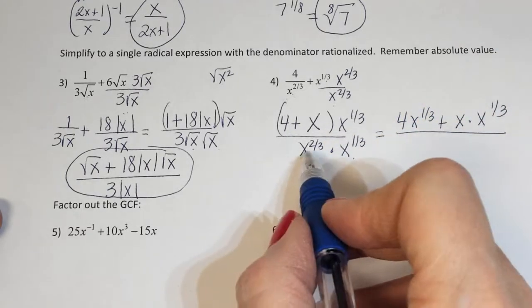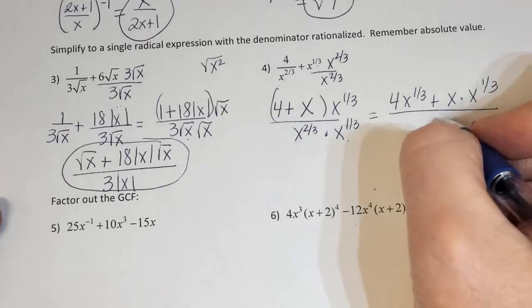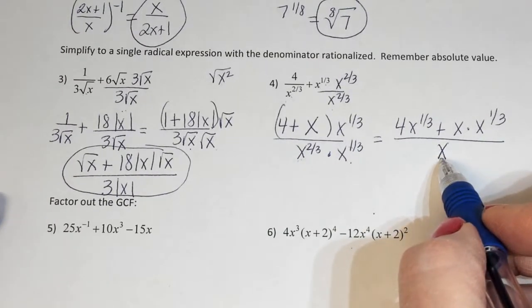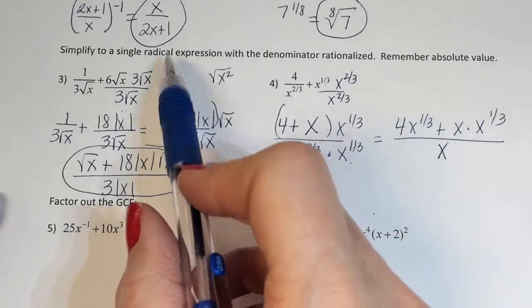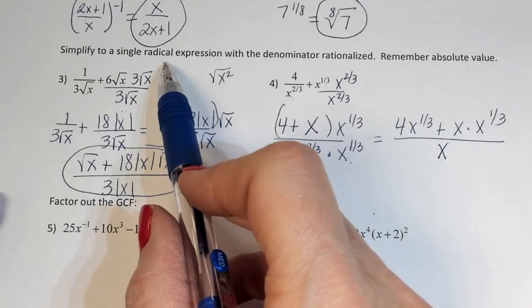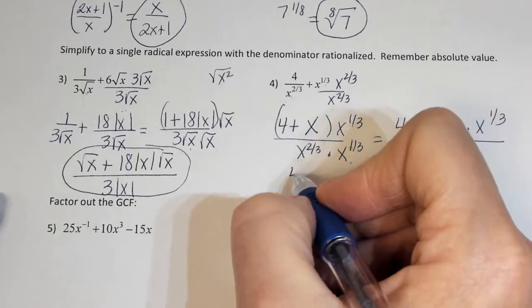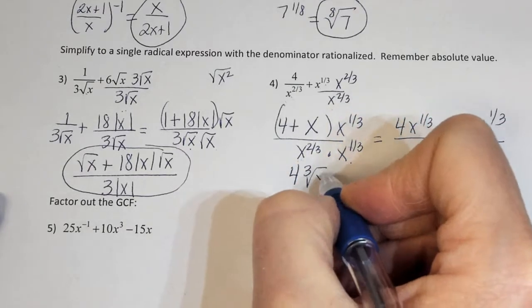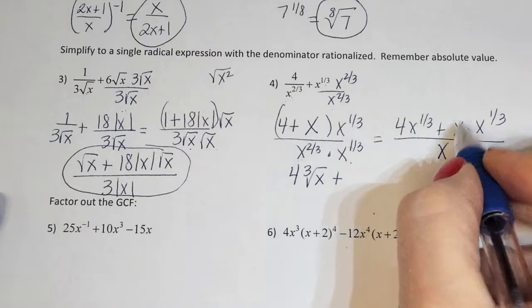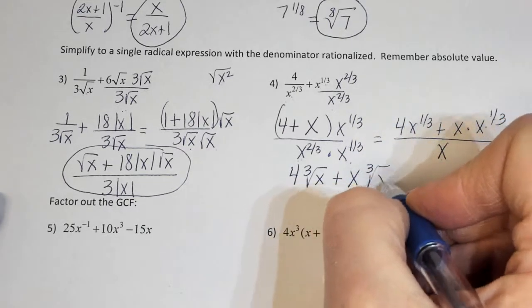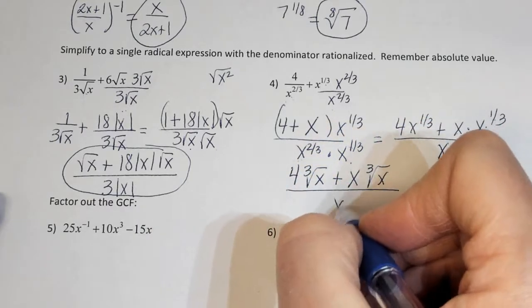Down here I have x to the 3/3. That's just x. Do I need absolute value around this x? No, it's a cube root. Doesn't matter. I do, though, need to write this in radical form because it says to use radical form. So 4x to the 1/3 is 4 cube root of x, plus this x doesn't need to change, but this is the cube root of x, all over x.